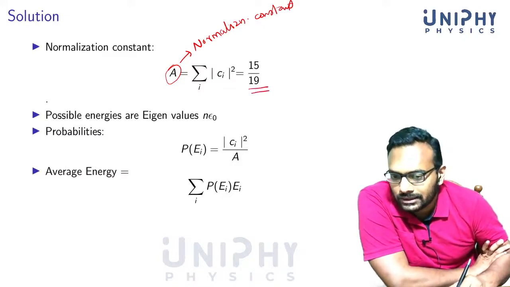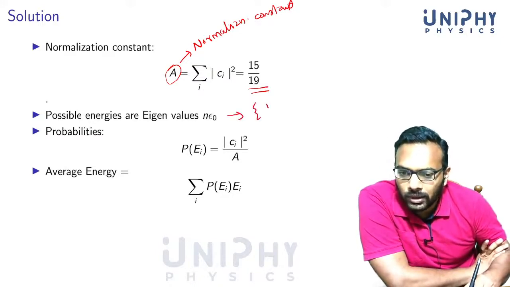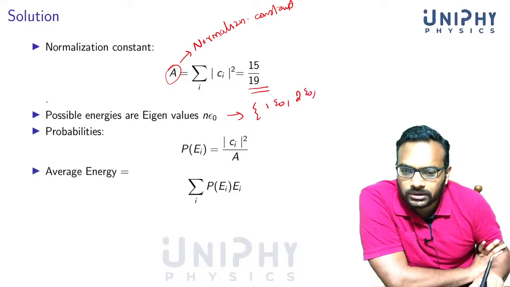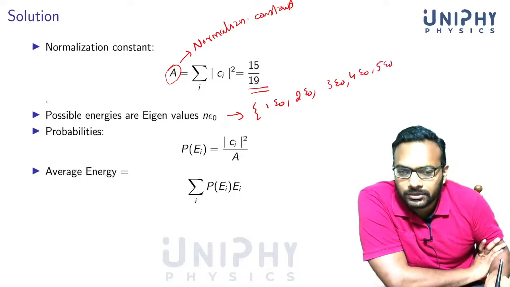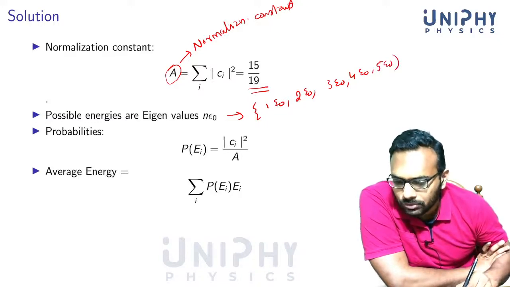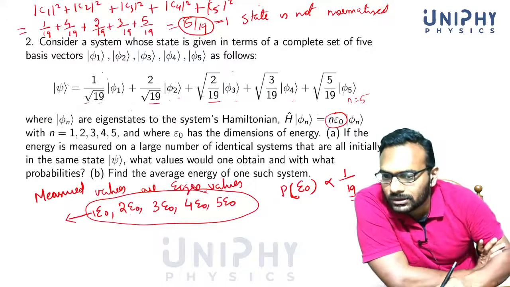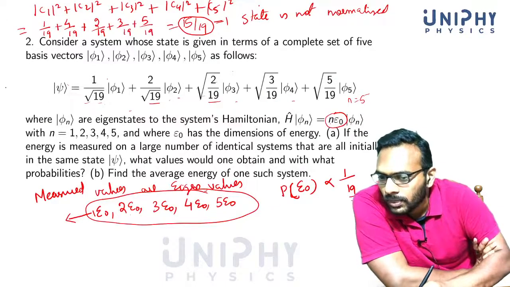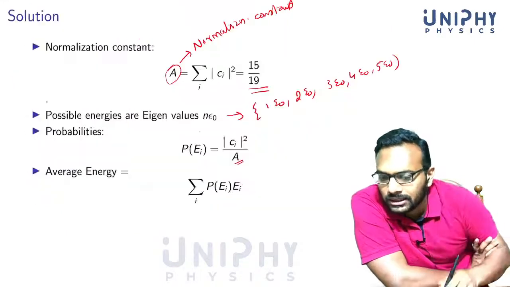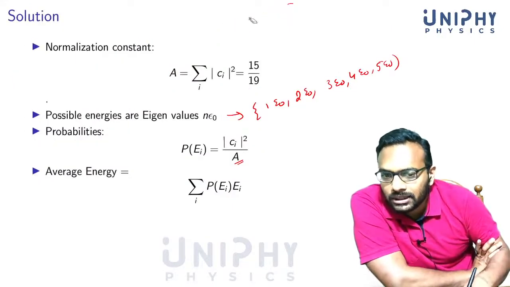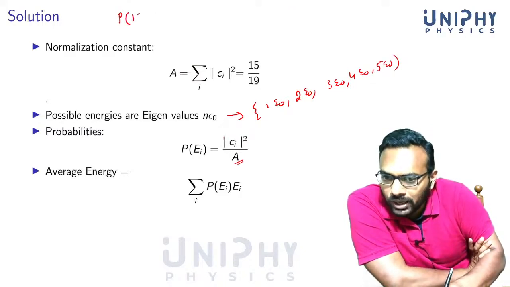And as I said, possible energies are eigenvalues n epsilon 0, that is 1 epsilon 0, 2 epsilon 0, 3 epsilon 0, 4 epsilon 0 and 5 epsilon 0. These are the probabilities: modulus of C square divided by A. So what's the probability of obtaining energy 1 epsilon 0?